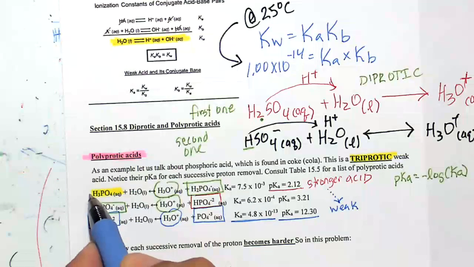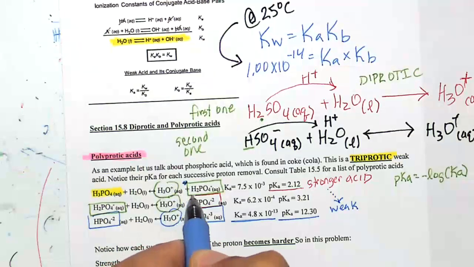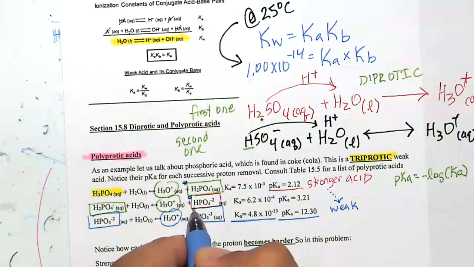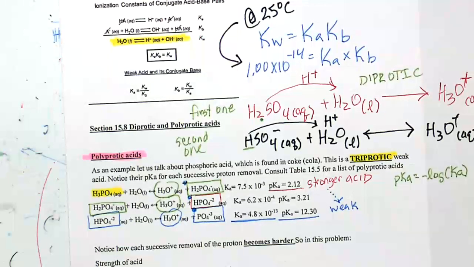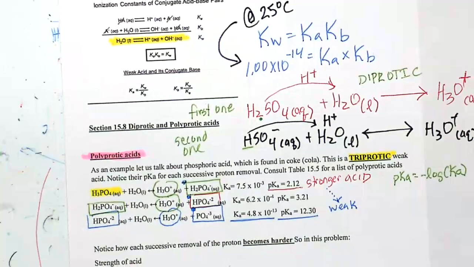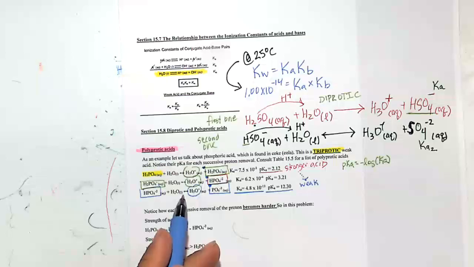Phosphoric acid can deliver 1 proton and become this. This can deliver a second proton and become that, and this can deliver its third and final proton to become phosphate. But the point here, like any polyprotic acid, like H2SO4, like phosphoric acid, is that the first one is acidic, and the second and third become less and less acidic.